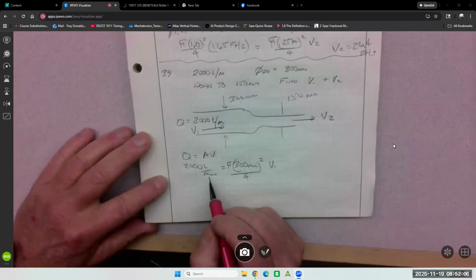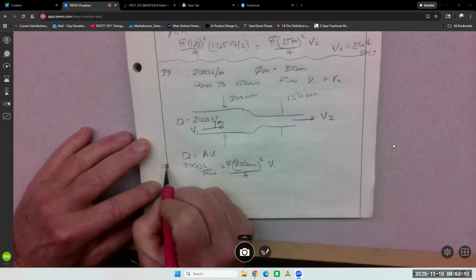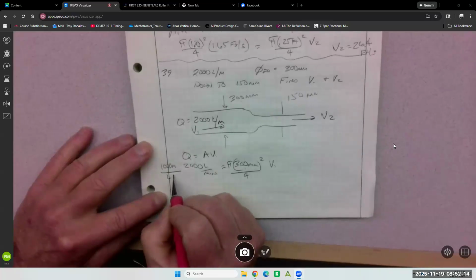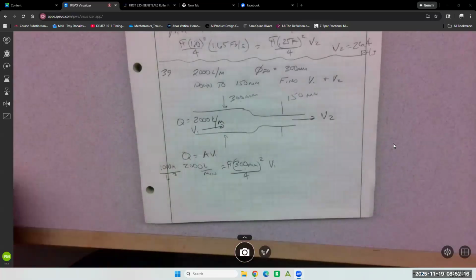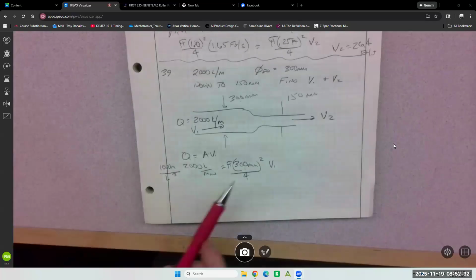So over here, I can say, well, there's 1,000 meters per liter cubed. No, that's not right. Yeah, that's right. 1,000 liters per meter cubed. So that means we're going to need this in meters.